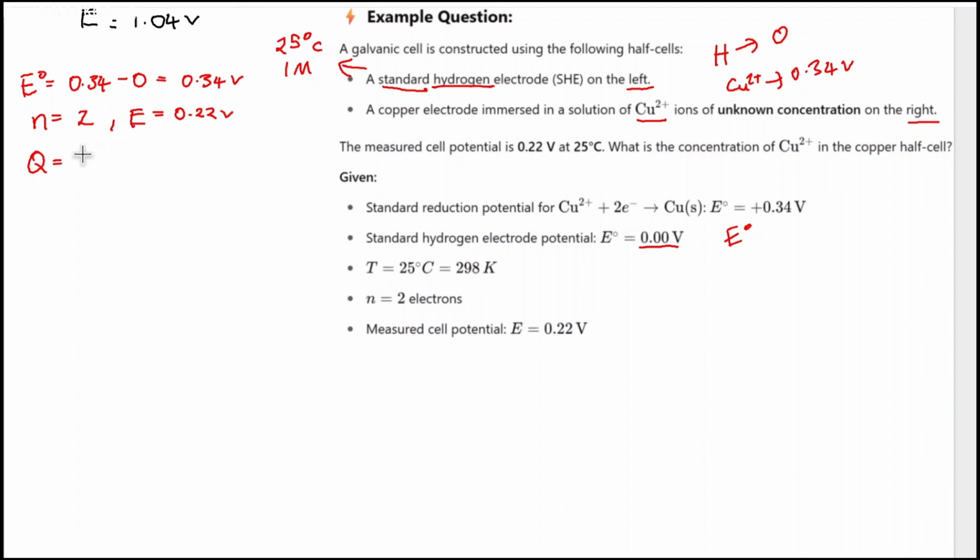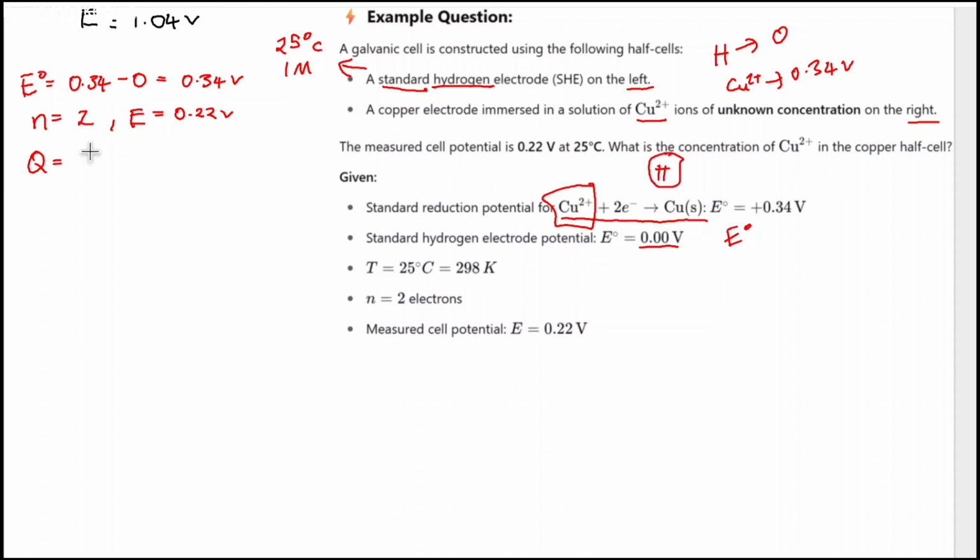So if we write out the equation, this is a copper equation, as we can see here. The cation is on the reactant side, so we don't have to do the hydrogen part because we know the hydrogen part is an anode, and remember, we know the anode is going to be on the product side. So over here, we're going to have the H part on the product side.